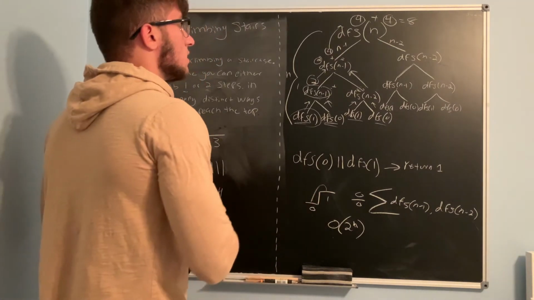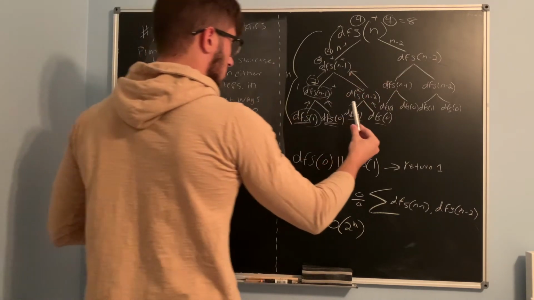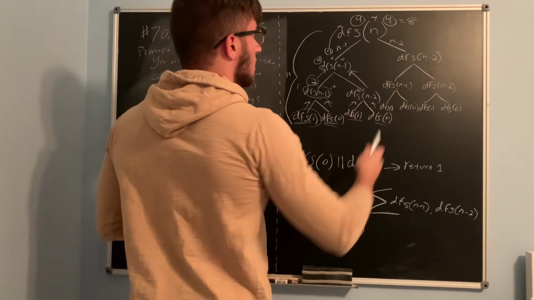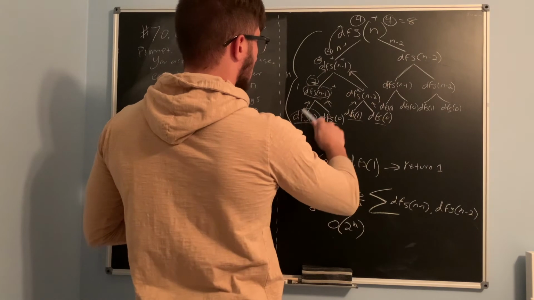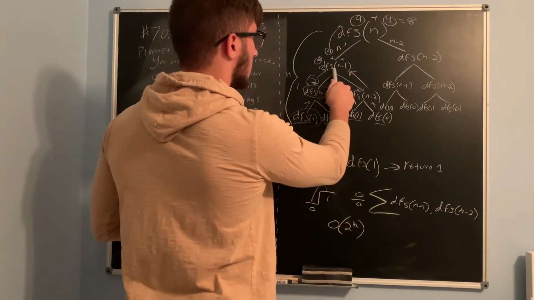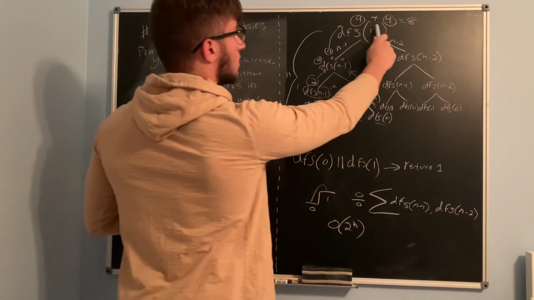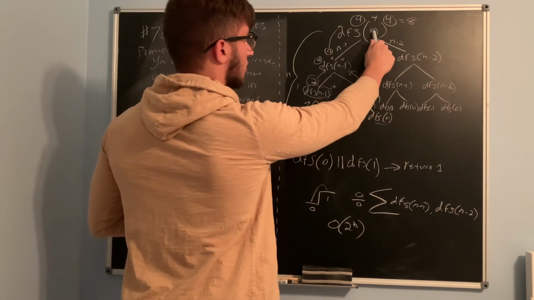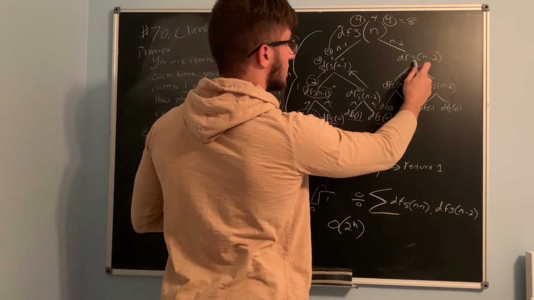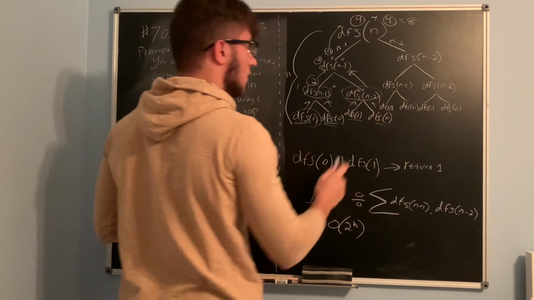So if we implemented memoization to this DFS function right now, what would happen is we would go down here and then save all the data. So n minus 1 gets saved, n minus 1 here, and then n minus 2 gets saved. Once we backtrack all the way up to our parent function, we don't even have to calculate this branch anymore because we already did right here, right?